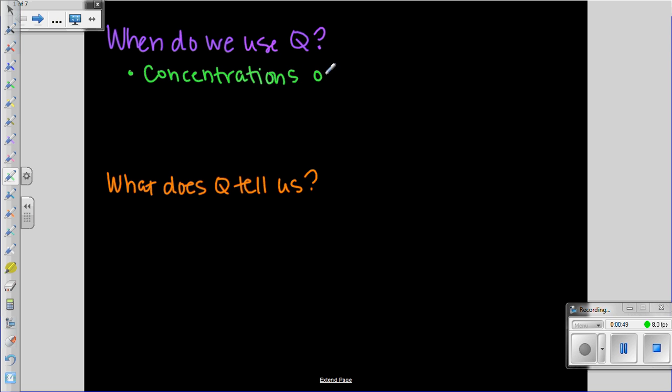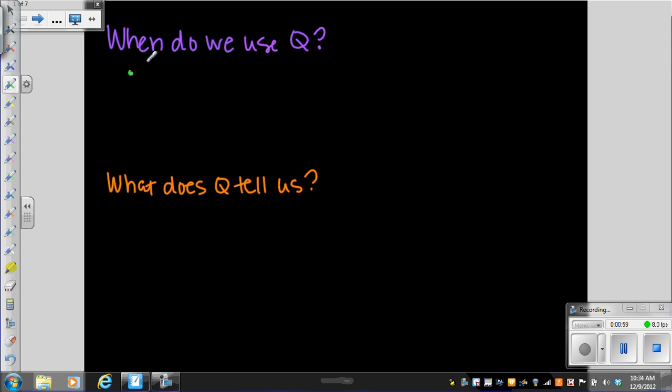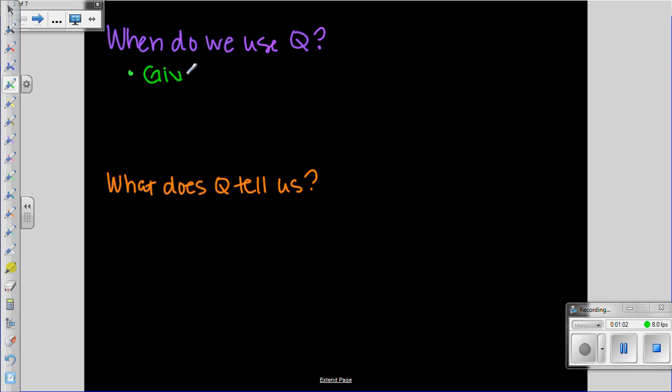It would sound better if I said given concentrations or pressures are initial, and we don't know if the reaction is at equilibrium or not.